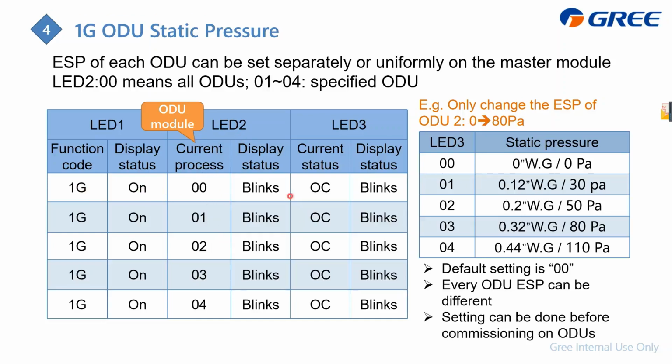For module 2, we should choose 00 to 02, and change it from 00 to 02. It blinks, and then we set this to 03, then that's okay.